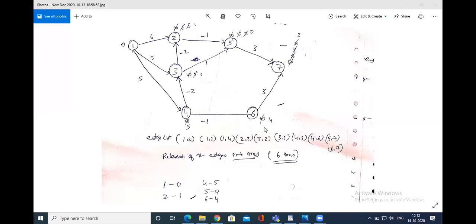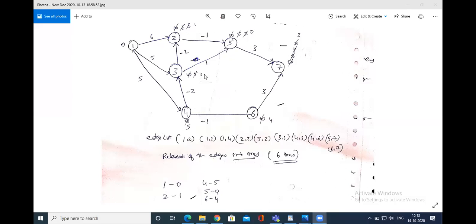Finally, we get this, the cost of the shortest path from 1. From 1 it is 0 because 1 to 1 is 0. 1 to 2 it is 1. Finally, the updated value on the relaxation table.